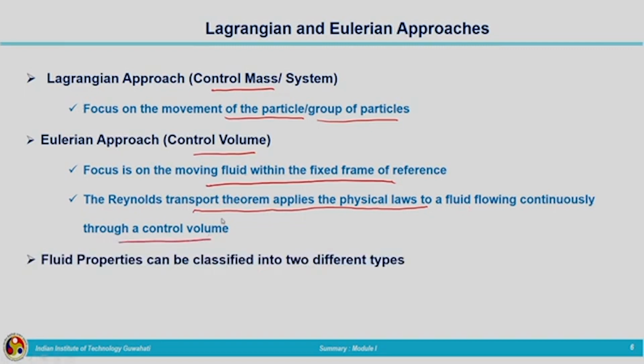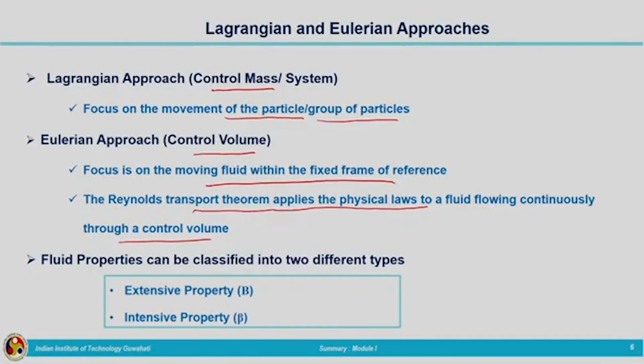You can see Reynolds transport theorem, which is used for deriving the conservation laws, is based on the Eulerian approach, and it is applicable to extensive properties. The fluid properties can be classified into two: one is the extensive property, which depends on the mass of the fluid, and the second one is the intensive property, which is independent of the mass of the fluid. And we have seen the relationship between these extensive and intensive properties.